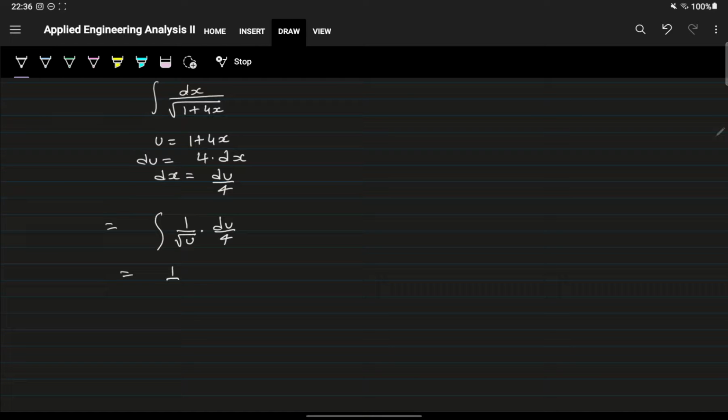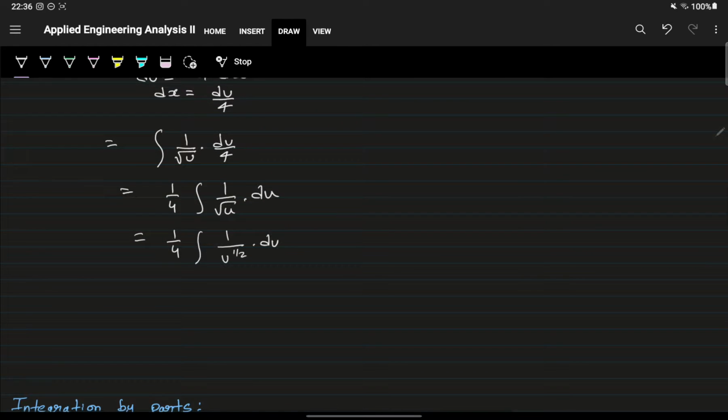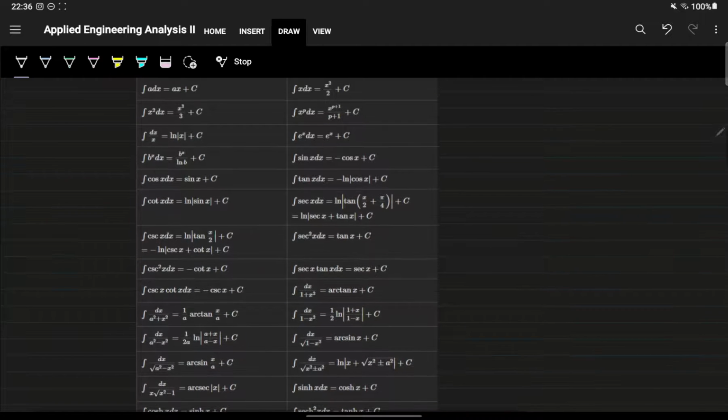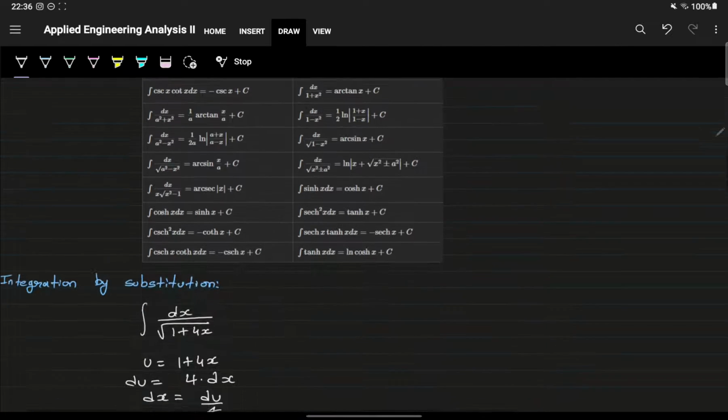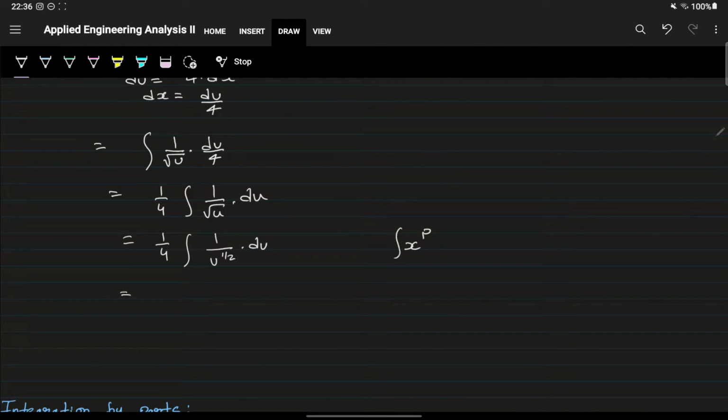We can bring the constant outside, and this is basically 1 by 4 times the integral of du. From the formula we have the integral of x power p dx is x power p plus 1 by p plus 1, plus c.